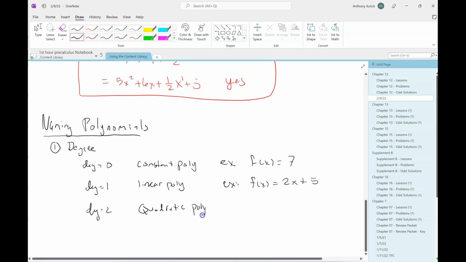If the degree is 2, that's a quadratic polynomial. So maybe you have something like 3x squared minus 2x plus 6. The biggest exponent there is 2.